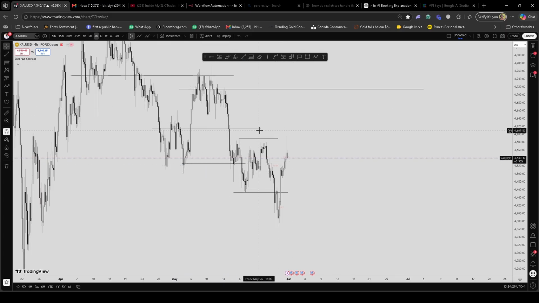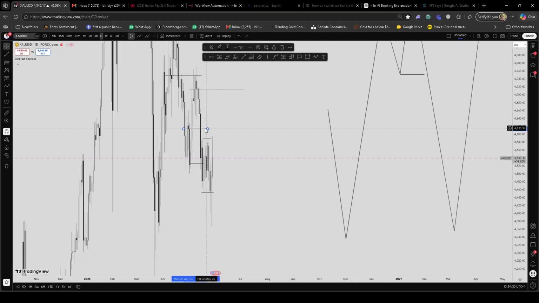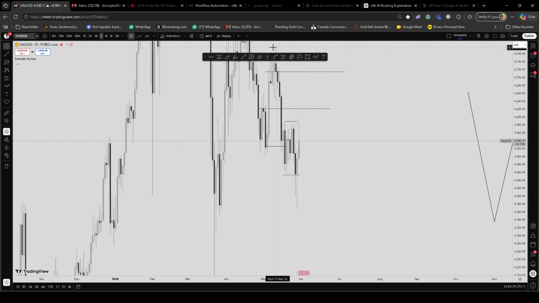So price might take out this low, then tap into any daily key level, like this QM right here. Once price takes out this QM, gives you a break of structure, and rejects this key level, with a break of structure on the 4 hours time frame, then you can go for the sell.